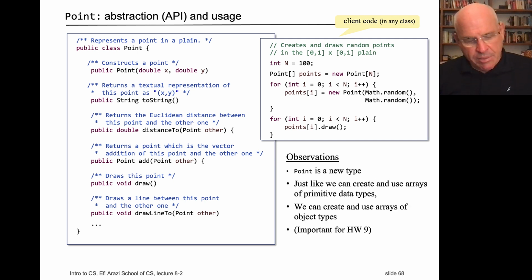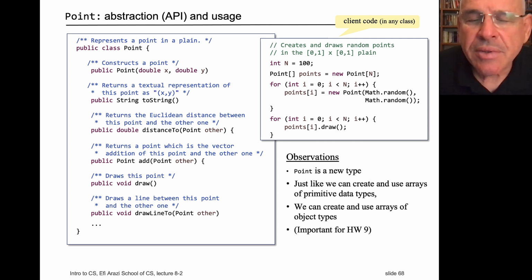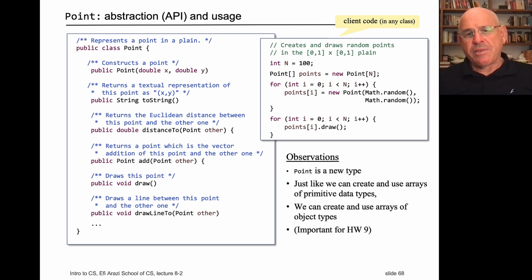So let's begin to wrap up this lecture and make some observations. Point is a new type. It does not exist in Java. We basically added it to the language. It is as if we extended the basic language with a new type. And we can create arrays of such objects, just like we can create arrays of primitive data types.